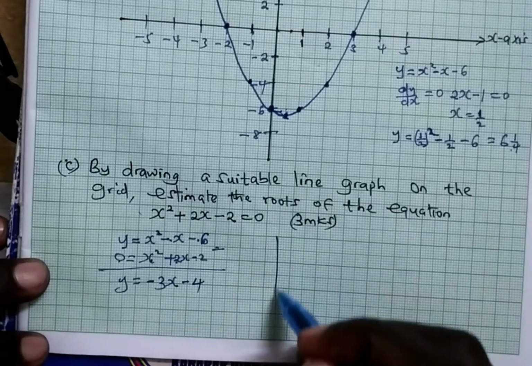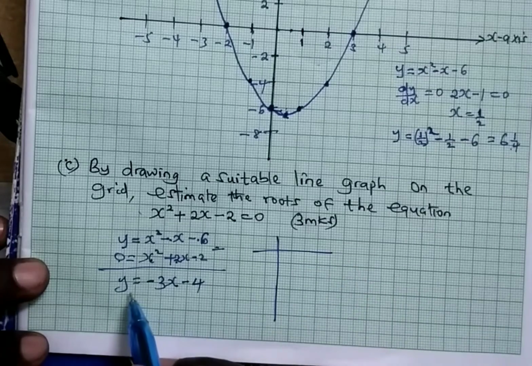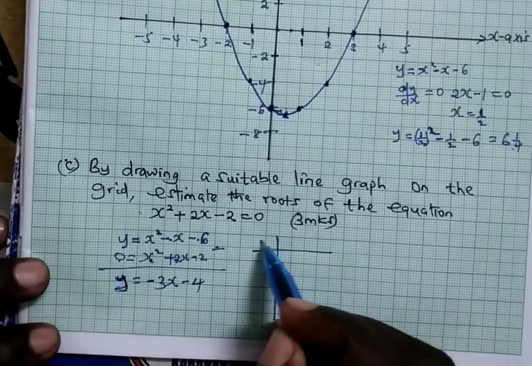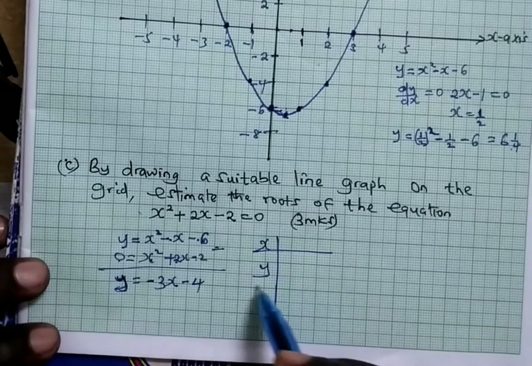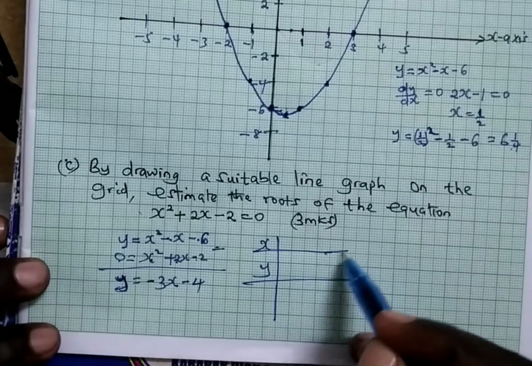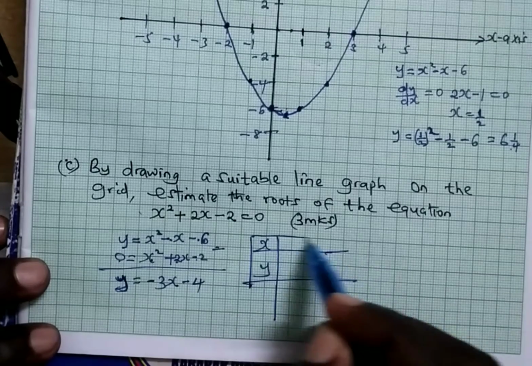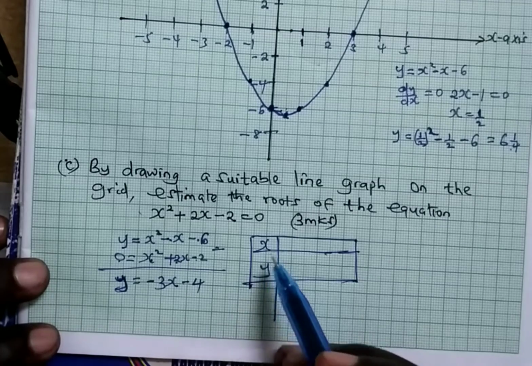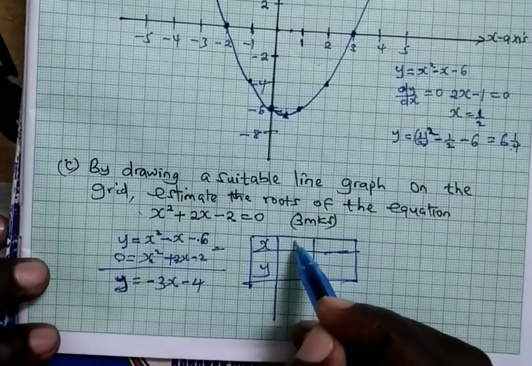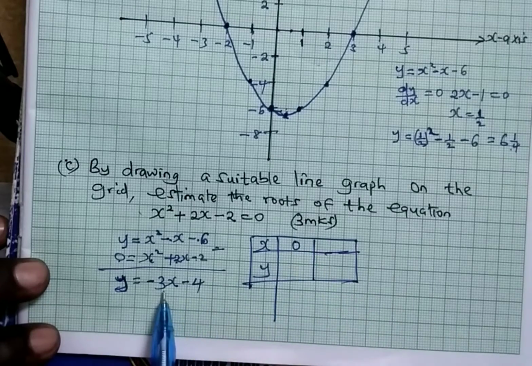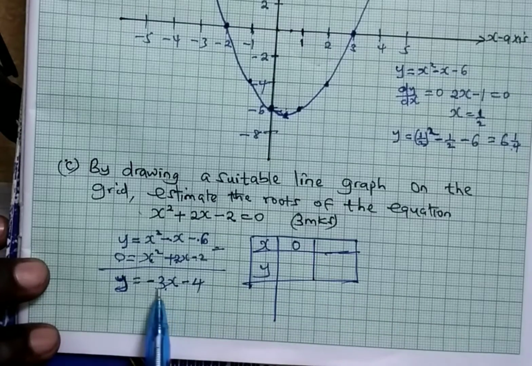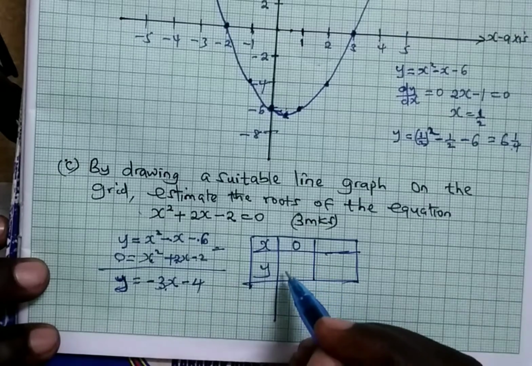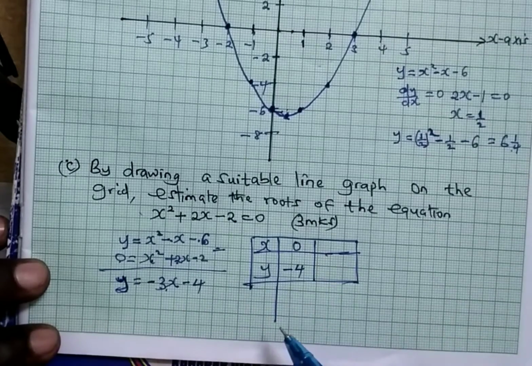Once we have this linear function, we are going to make a table having the values of x and y, and we only need like 2 points. The values of x are going to be assumed, and if we assume the value of x being 0, then substitute the value of x here. We shall be having minus 3 times 0, which is 0. 0 minus 4, we are going to have negative 4.